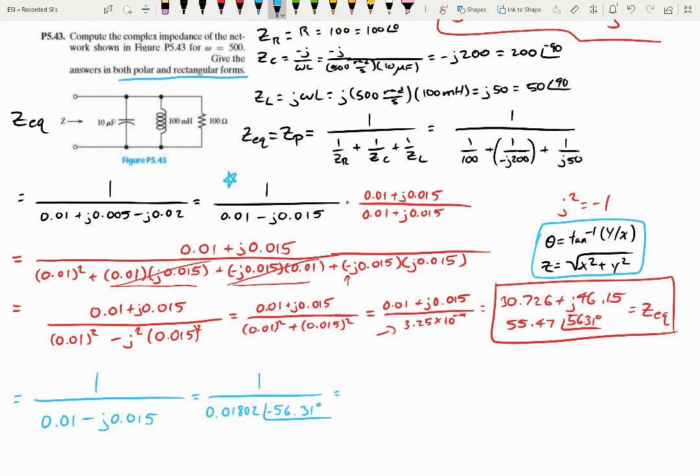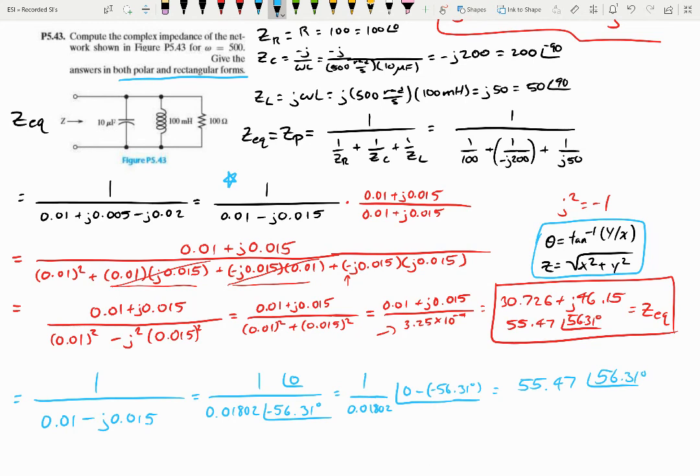And remember, we're going to divide, so it's 1 over 0.01802. We're going to subtract 0, because up here this is technically an angle of 0. So 0 minus negative 56.31 degrees. So therefore our value is going to be 55.47 at an angle of 56.31 degrees.